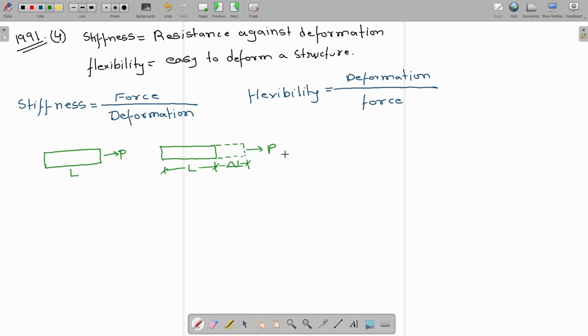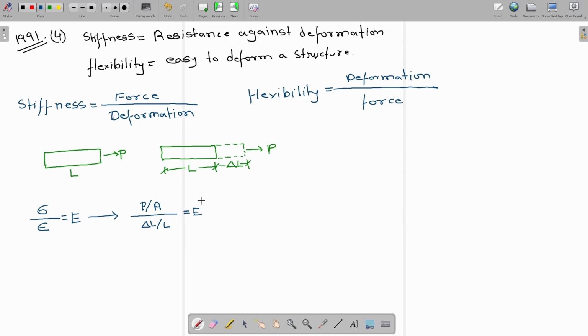Now we know that stress, that is sigma, and strain are directly proportional, and stress upon strain gives us Young's modulus E. From here we can write stress as force upon area, that is the cross-sectional area, divided by strain, which is change in length upon original length.